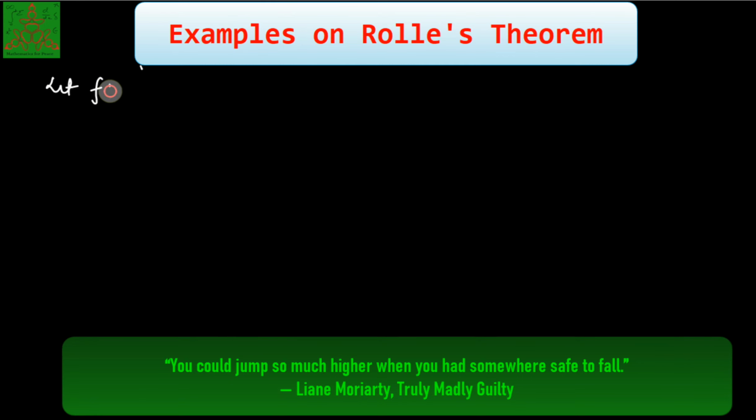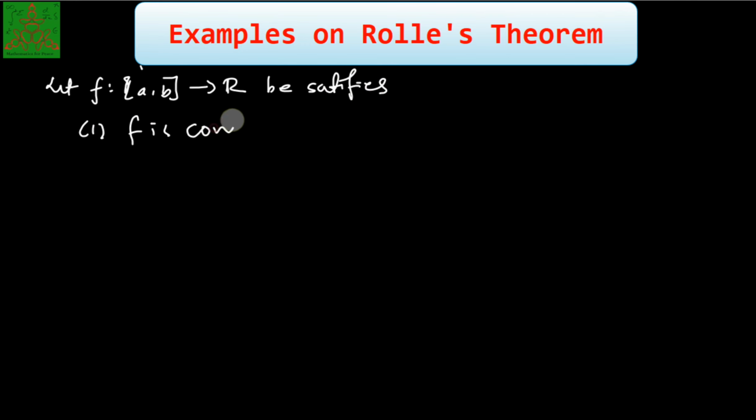In the previous video, we learned about Rolle's mean value theorem, which states: let f be a function from [a, b] to R, where [a, b] is a closed interval, which satisfies the following conditions. The first one is f is continuous on the closed interval [a, b].